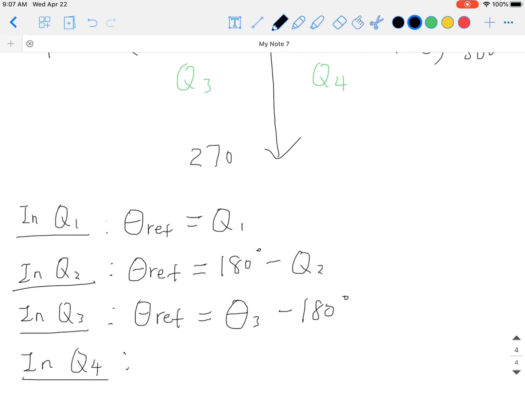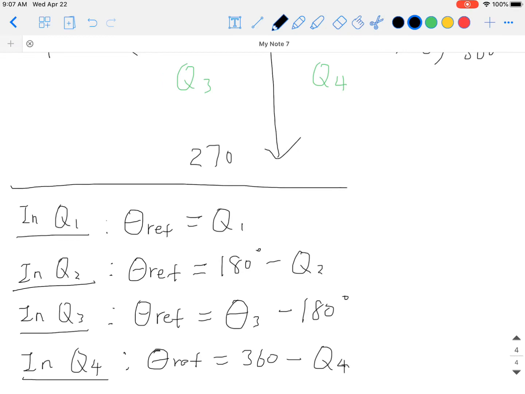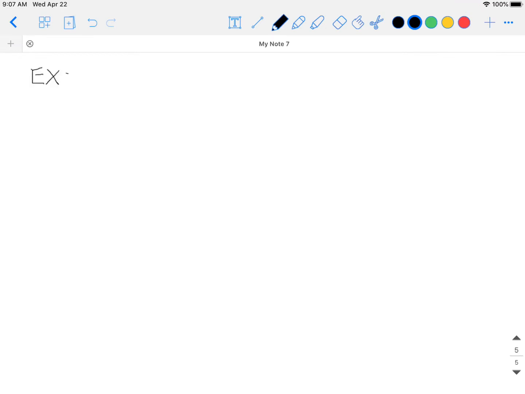In Q4, in quadrant 4, we have to use the reference angle equal to 360 degrees minus whatever the angle in quadrant 4 is. This is the formula for how we find the reference angle.